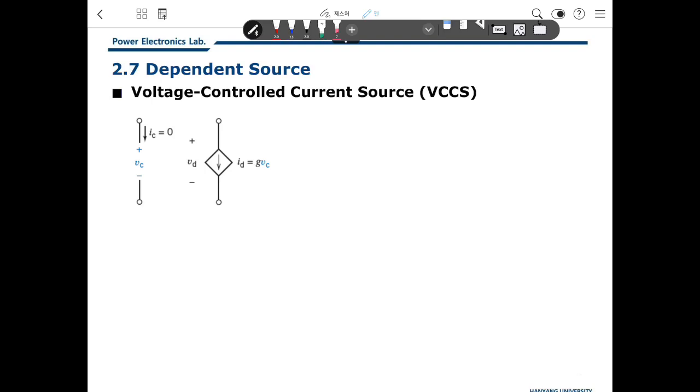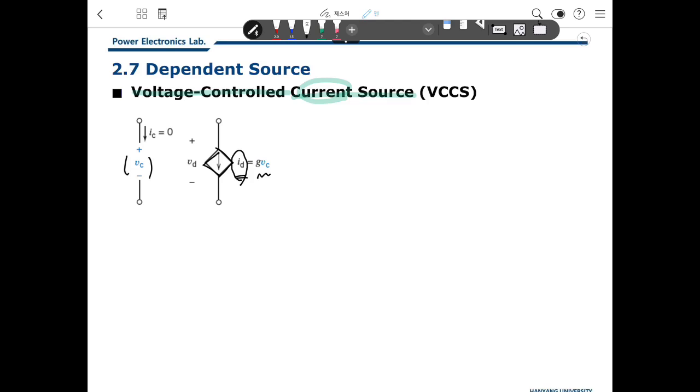The third is the current source, but the current value is controlled by the voltage of another element. So we can draw the symbol in this way here. This source supplies the current ID, but the value of ID is determined by the voltage of another element, VC.